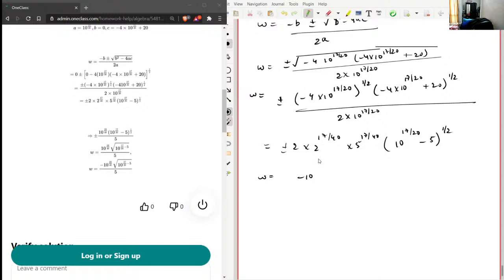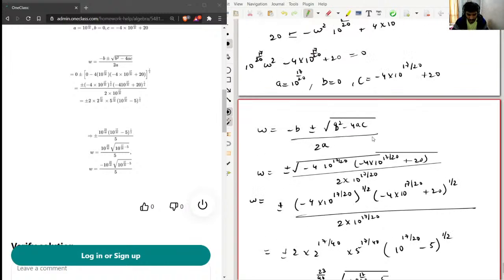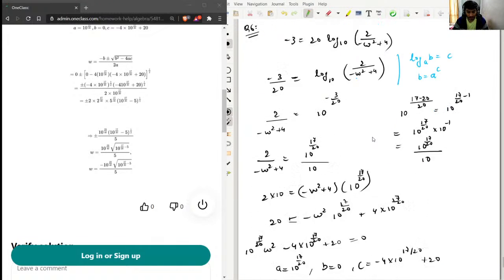The thing is that I cannot read, okay, so it is 23 over 40 times square root of 10, 17 over 20 minus 5 over 5, and definitely plus minus, so one value will be of plus and one value will be of minus, and this manipulation was really hectic.